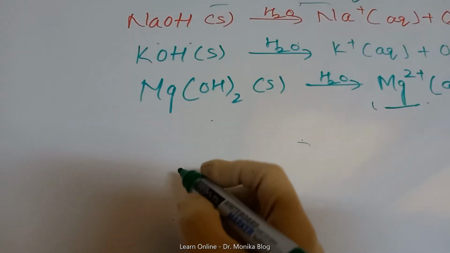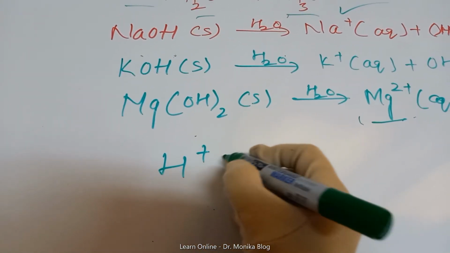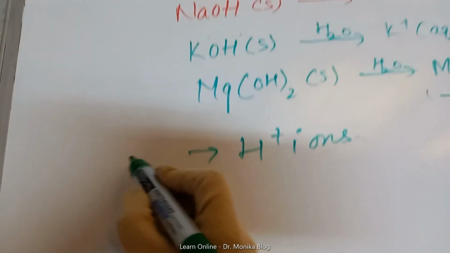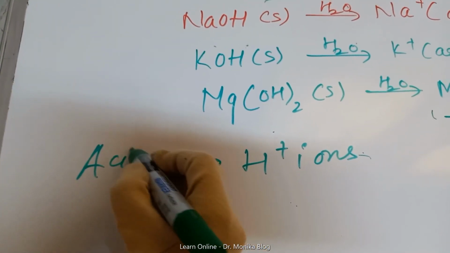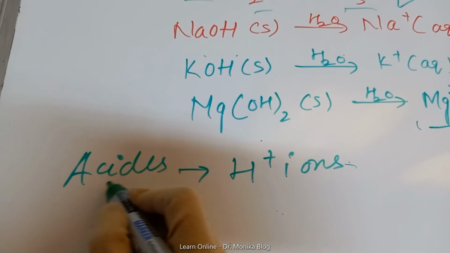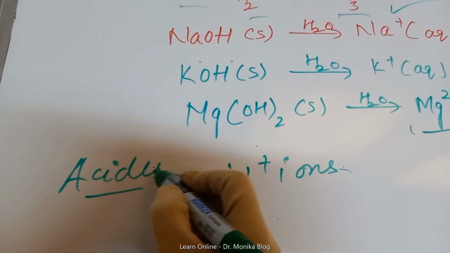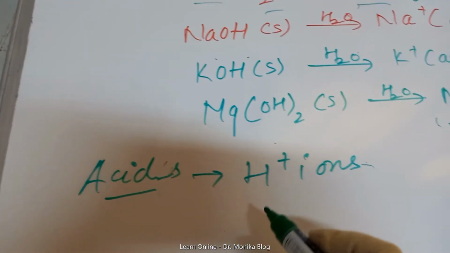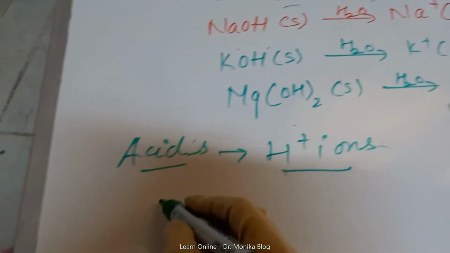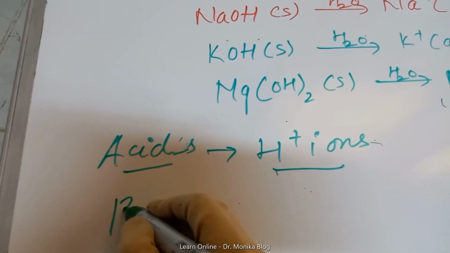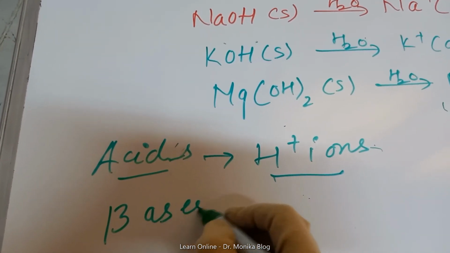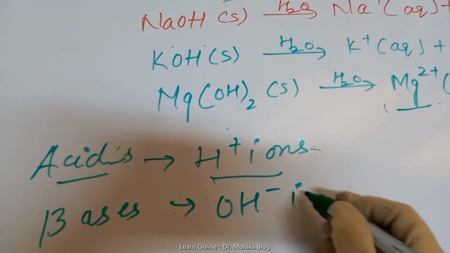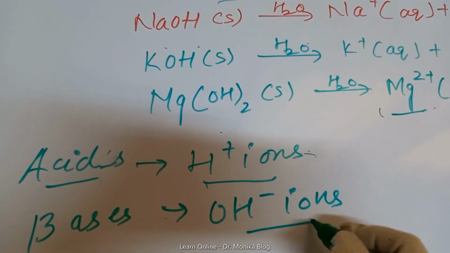So acids generate hydrogen ions in water, and bases generate hydroxyl ions in water.